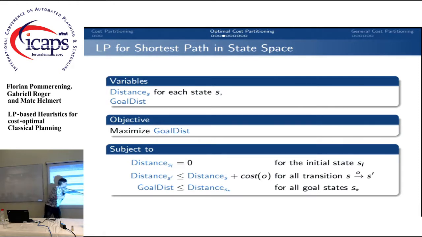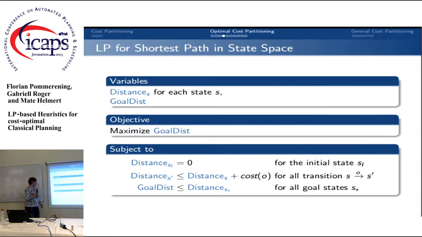If we have a transition from a state s to a state s prime with operator o, then we know that s prime can't be further away from the initial state than s is away plus the cost of this transition. Since we have this constraint for all transitions, this kind of minimizes the distance variables.